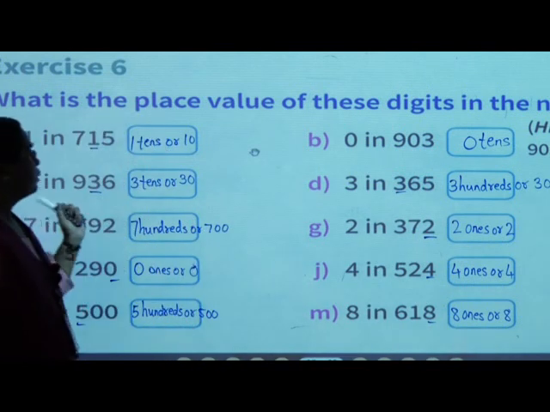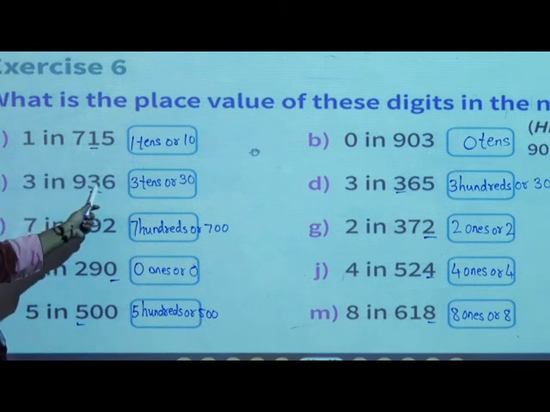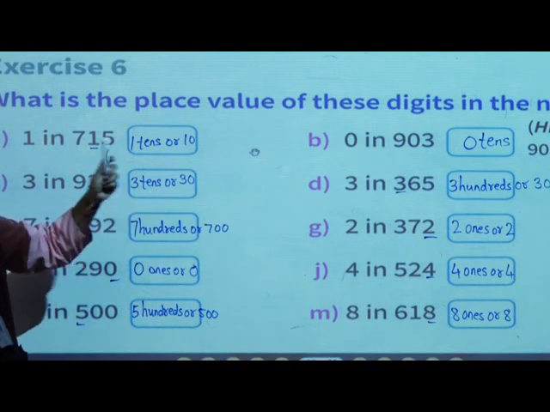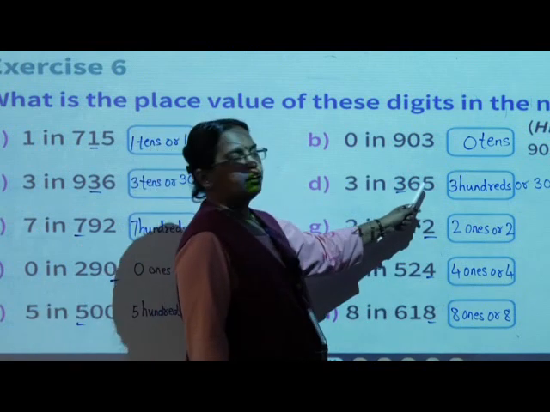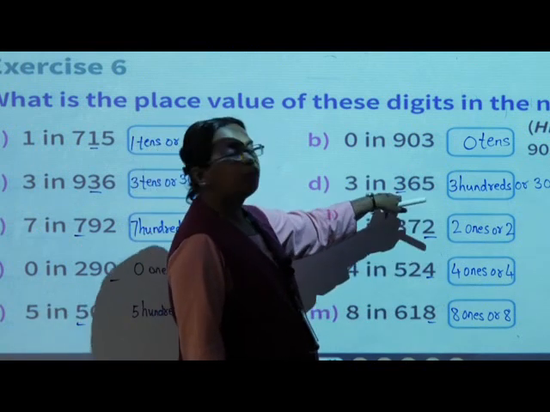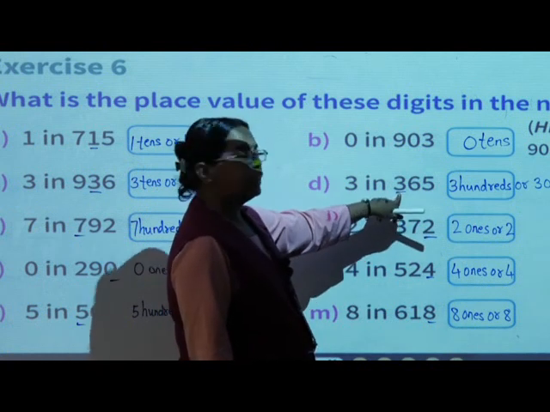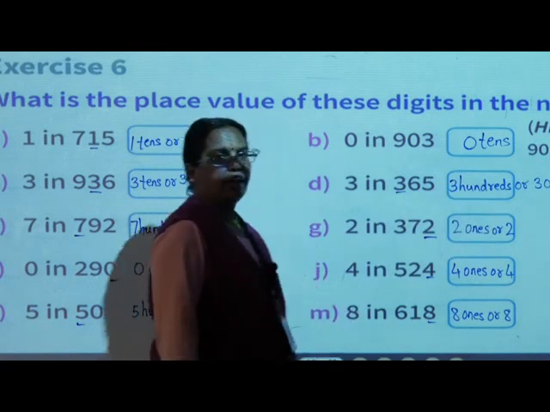Then 3 in 936: the place value of 3 is 3 tens or 30. Then D, 3 in 365. We want to write the place value of 3. 3 is in the hundreds place, so 3 hundreds or 300.